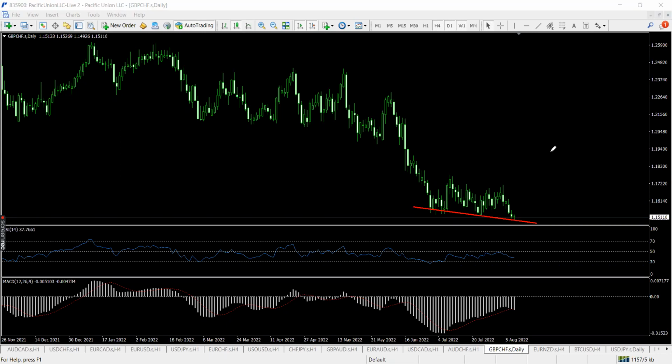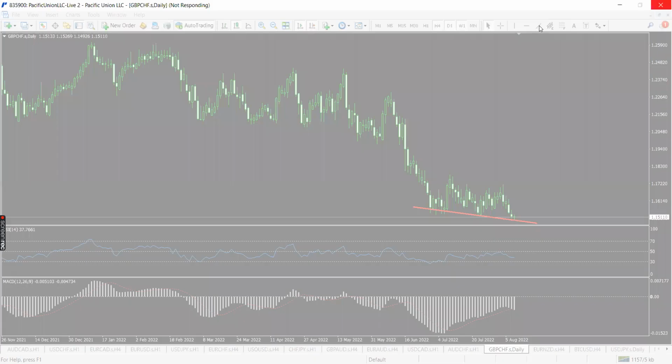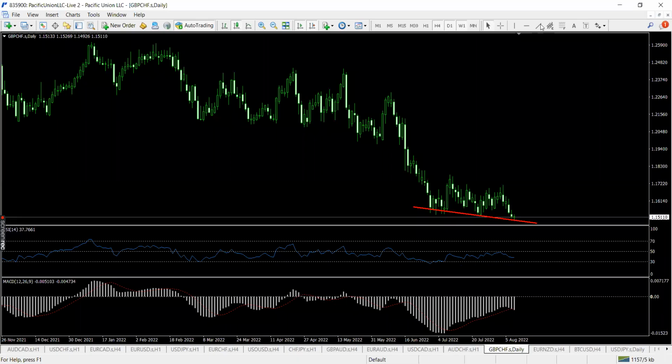Now, the neckline of the inverse head and shoulders, we have the neckline just somewhere around here. This is the neckline. So we're expecting a breakout upwards on this instrument.